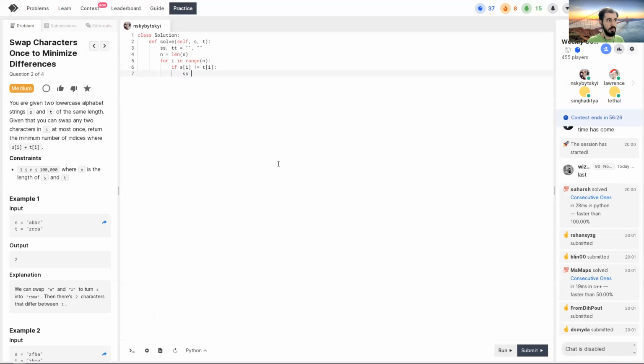Then we can add corresponding characters. So first we filter characters that are equal.